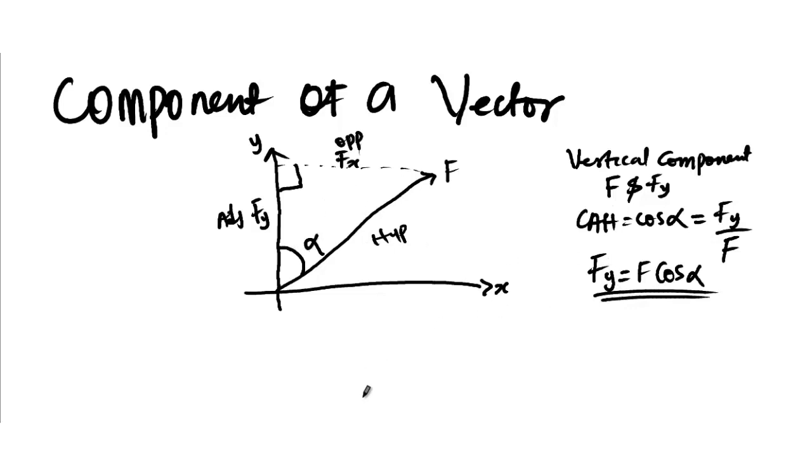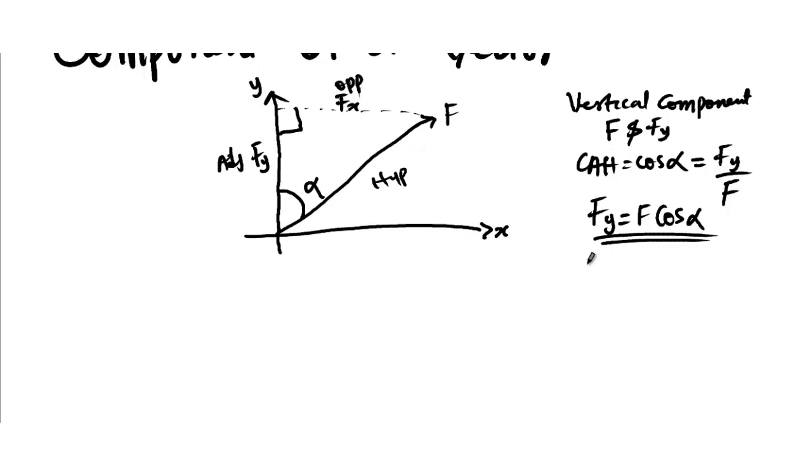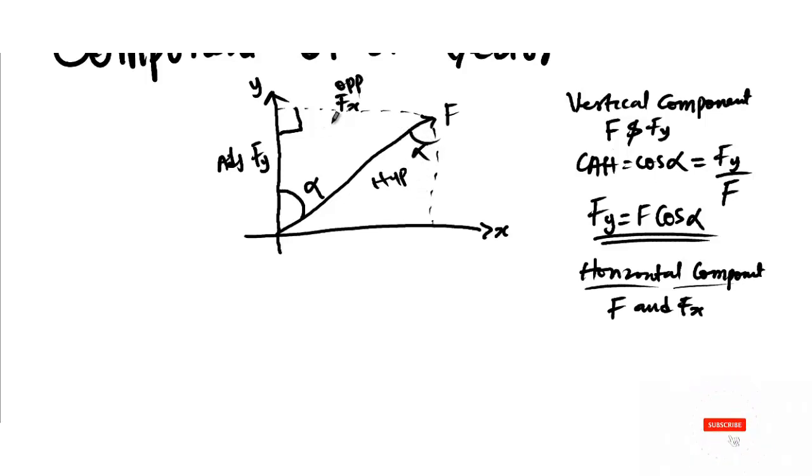All right, so let's consider the horizontal component. For the horizontal component, we have F and F subscript x. So this is the horizontal, and it's also the same thing, especially if you complete this triangle here. This alpha will also be here. That's alternate angle, right? But I just want to maintain this upper part for consistency's sake and not to make it complicated.